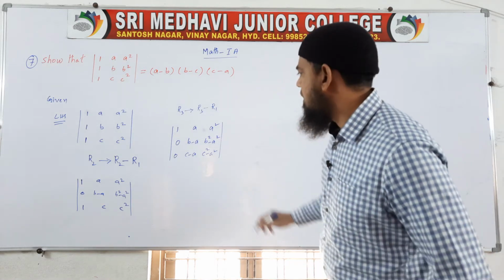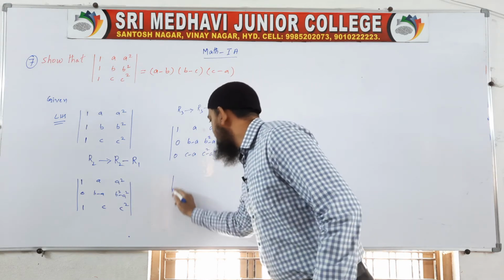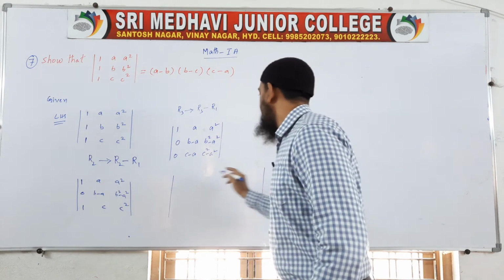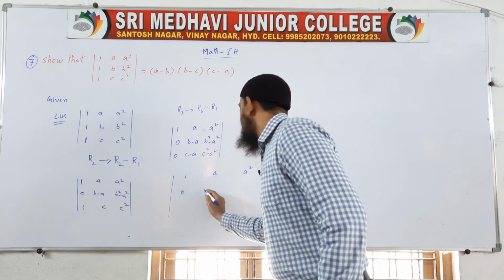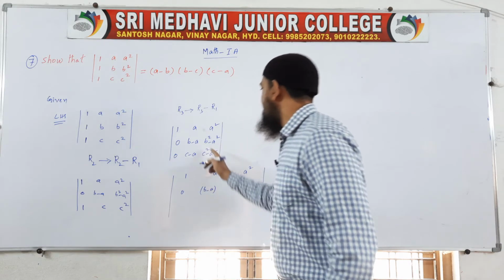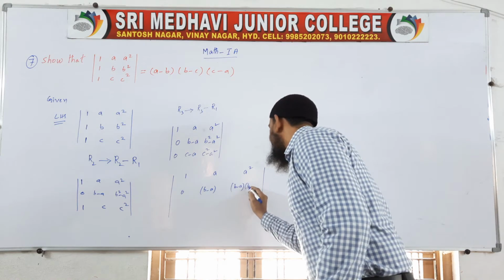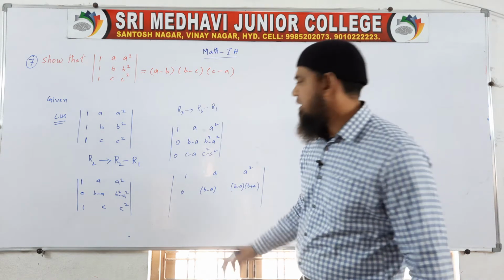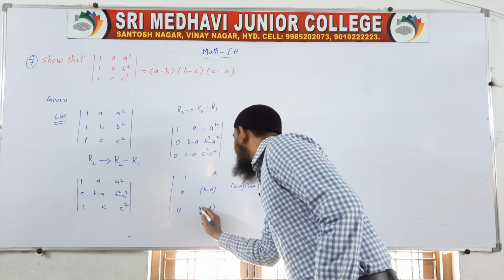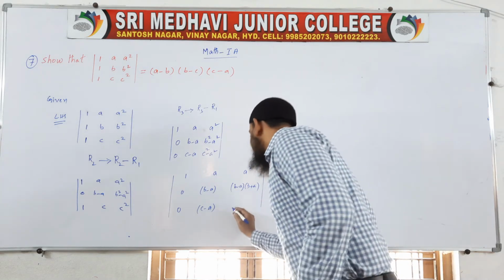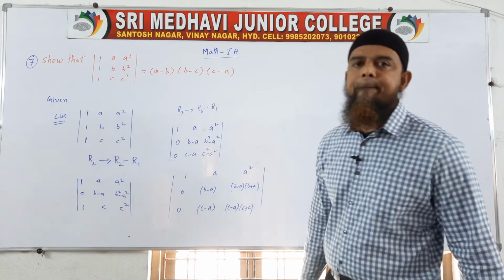Now see here, what is the formula for B square minus A square? I am writing it here. 1, A square, 0, B minus A. The formula for B square minus A square is B minus A into B plus A. Similarly here also, 0, C minus A, and C square minus A square means C minus A into C plus A. Completed.